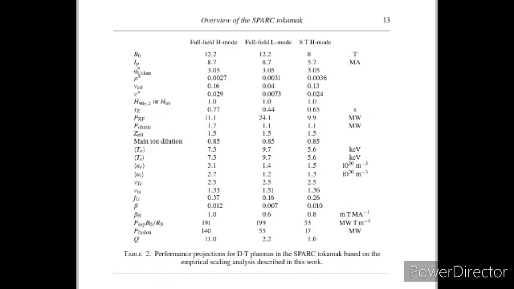This discharge runs near the achievable elongation and just above q equals 3, which is often seen as a reasonable limit for the safety factor. Even in this regime, however, SPARC runs well below known beta and density limits.